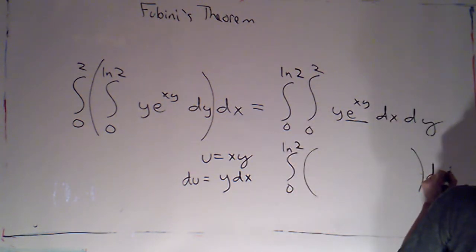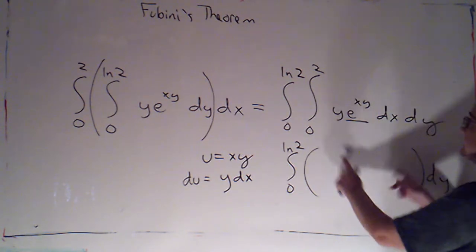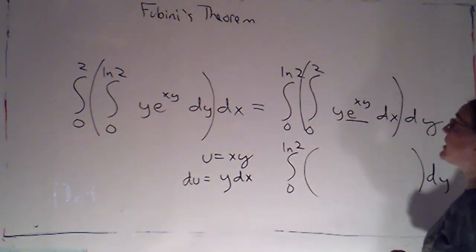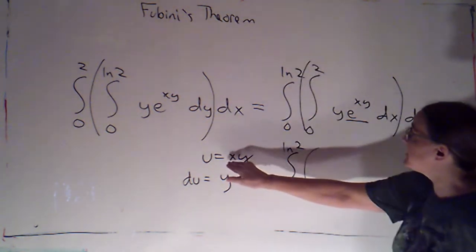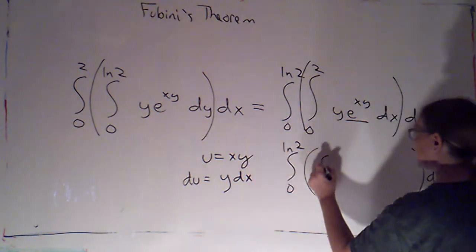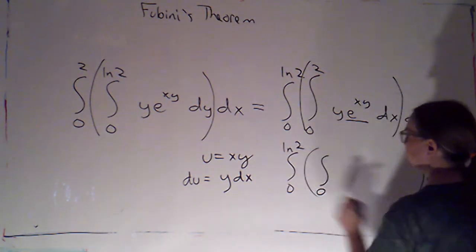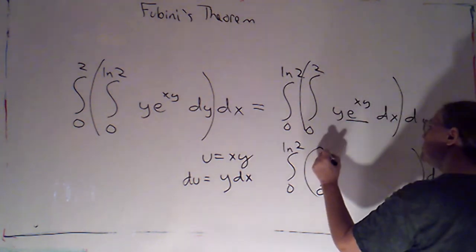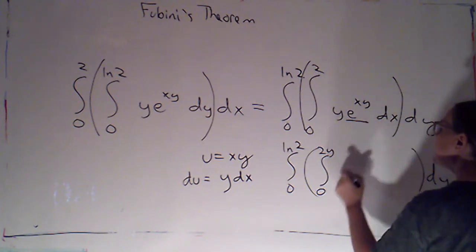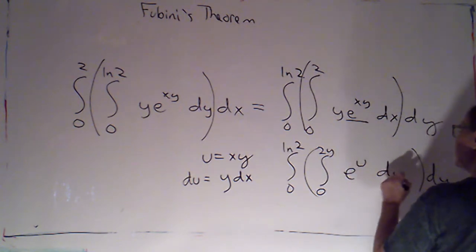That's going to be my dy. So I want to write this inside integral now in terms of u. So u was x times y, where y is a constant. So I'm going to get 0 times y, which is still 0, and then I'm going to get 2 times y. So my limits of integration change there, but then I've just got e to the u du.